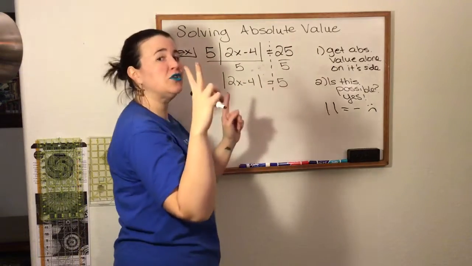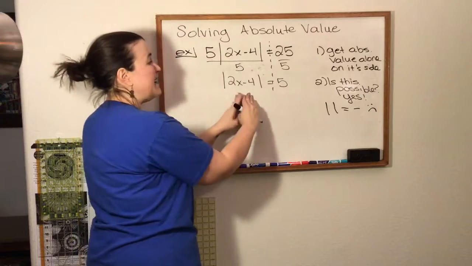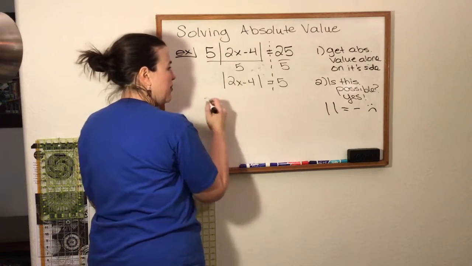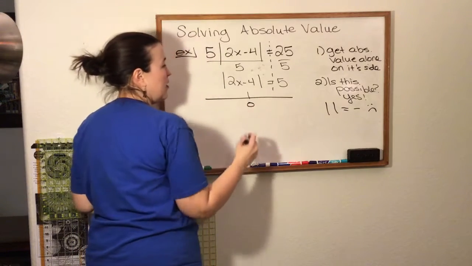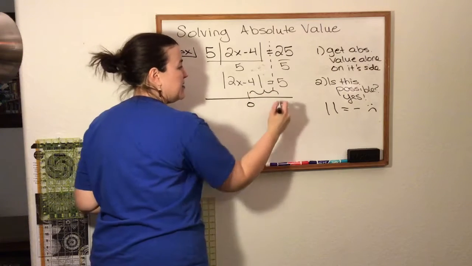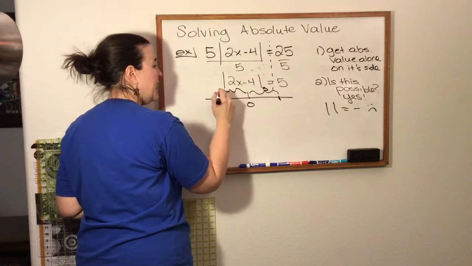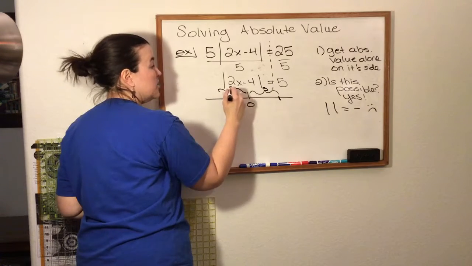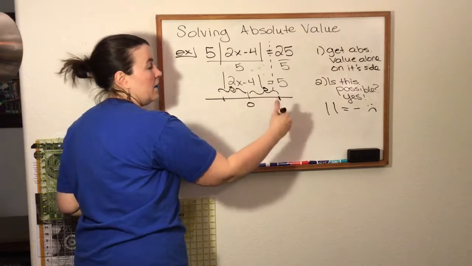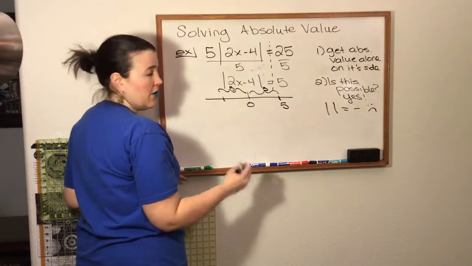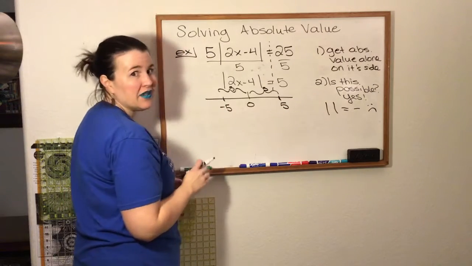Now, I have 2 answers to an absolute value problem based on distance. So think about a number line. Here is 0. I can walk this way 5 steps and get to a number that is 5 away from 0. I can also walk this way and get to a number that is 5 steps away from 0. Positive 5 is 5 away from 0, and negative 5 is 5 away from 0.